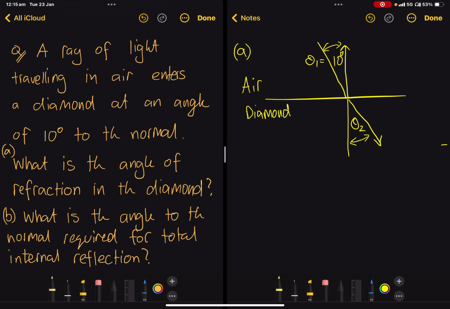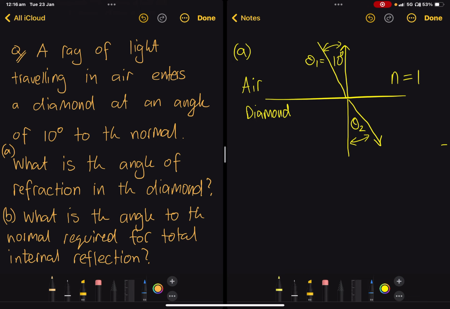Now for this question, we need to know a little bit about air and a little bit about diamond. We need to know the indices of refraction. For air, the index is typically considered to be 1.